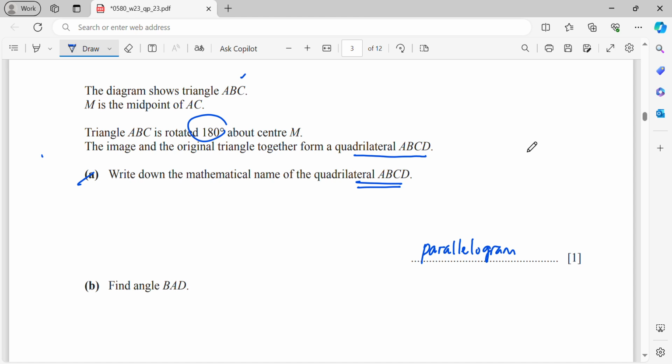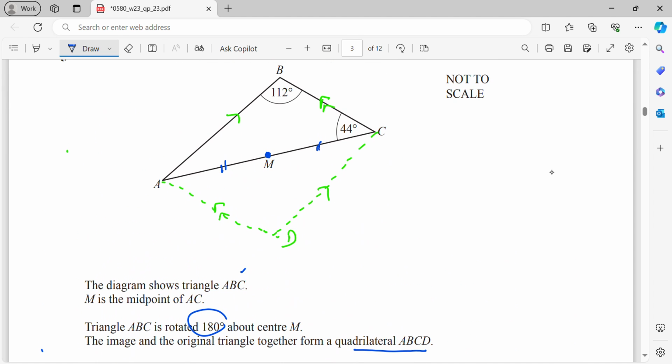Okay, so solve for B, find angle BAD. So angle BAD, okay, this side. So this angle, how do we get it? Very simple. Firstly, I need to find BAC. So BAC is basically 180 minus 112 minus 44 degrees, because in one triangle the total interior angles is 180.